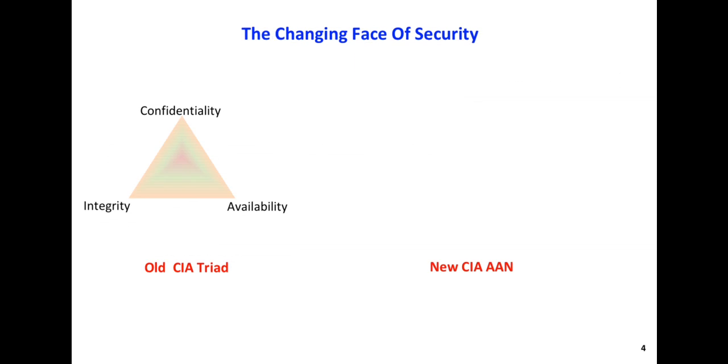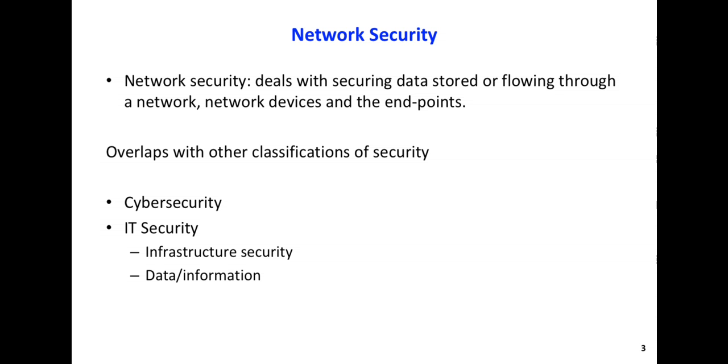Now, network security, what is it? Okay, let me go back a little bit and dwell upon this issue. What is the security that we expect a network to have? So let's say two persons are communicating with each other. What do they expect from the network?